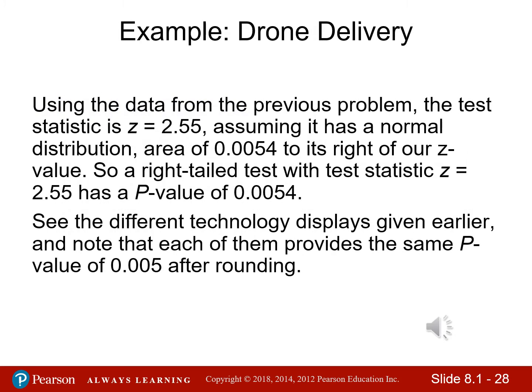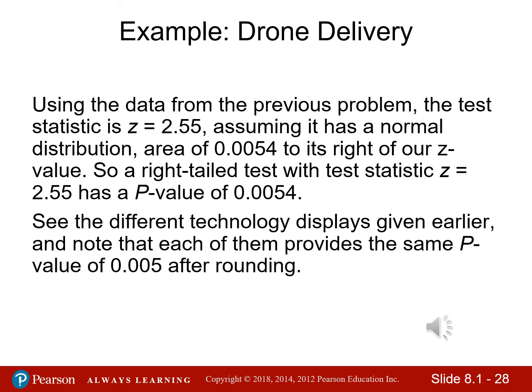Going back to our drone example, we can use the test statistic we calculated using technology or the test statistic we calculated by hand using our formula. Let's use the test statistic calculated using technology. Using the data from the previous problem, the test statistic is z equals 2.55.